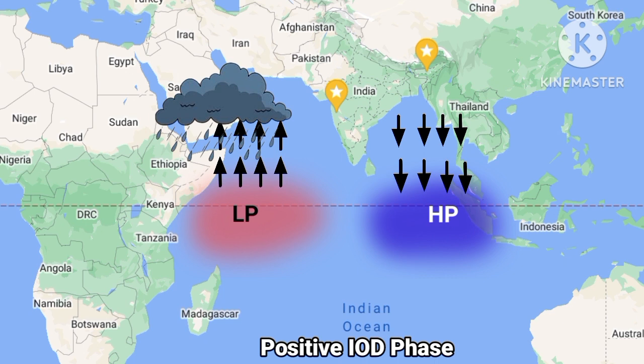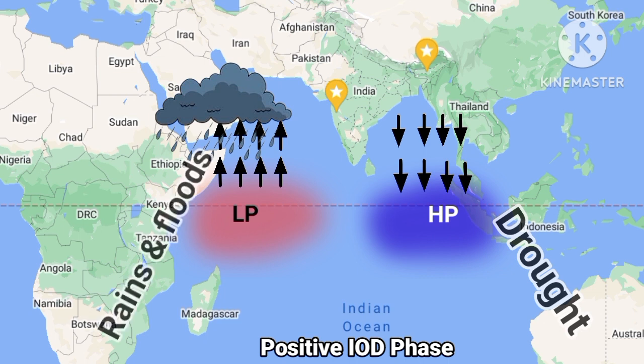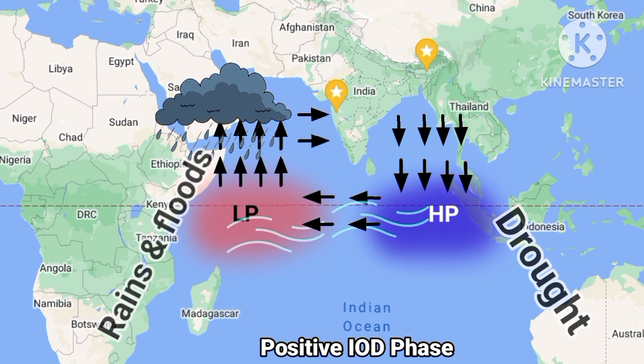This condition prevents the formation of clouds and rainfall. That's why a region of high pressure will usually have dry conditions. During this time, the southeastern countries and northwestern Australia face severe drought conditions. On the other side, the coastline of Africa faces severe rains and floods. Air flows from high pressure to low pressure areas. This is what creates the global wind belt.